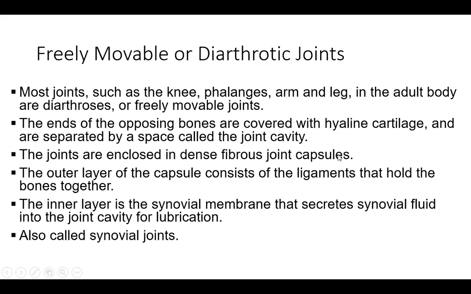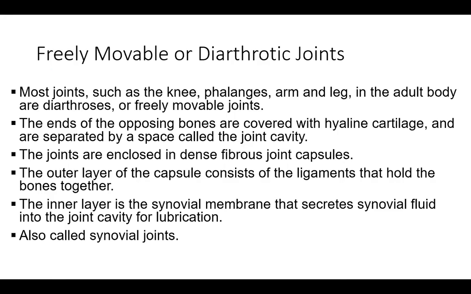Now the freely movable joints, the diarthrotic joints, are everything else. The fingers and toes, hands and feet, knees and elbows, shoulders. The bone ends are covered with hyaline cartilage, so they don't rub against each other.